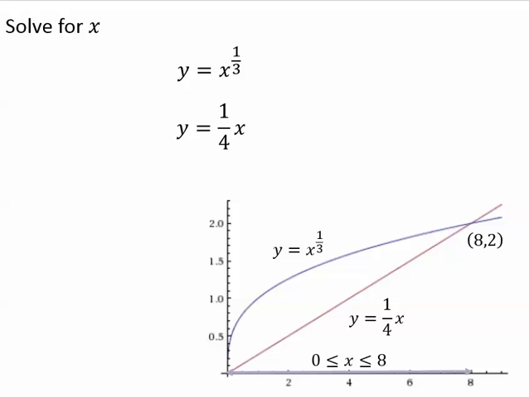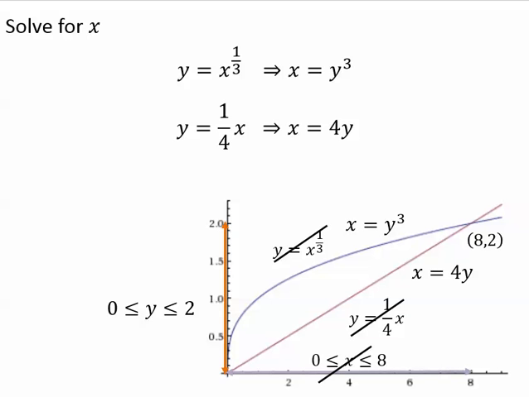To do that, you take the two functions and you just solve for x. So do that, please. If y equals x to the 1/3, then x equals y to the 3rd. If y equals 1/4 of x, then x equals 4y.